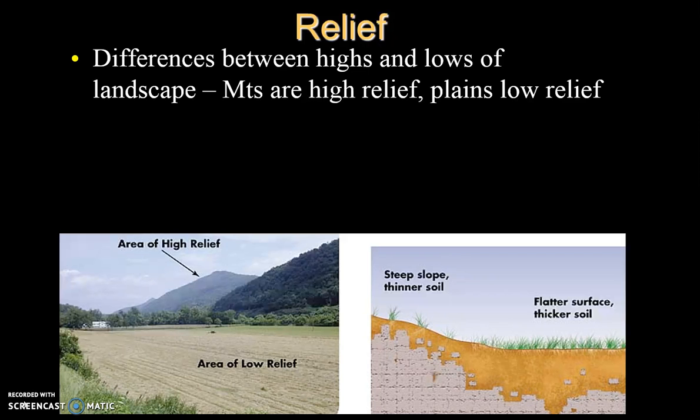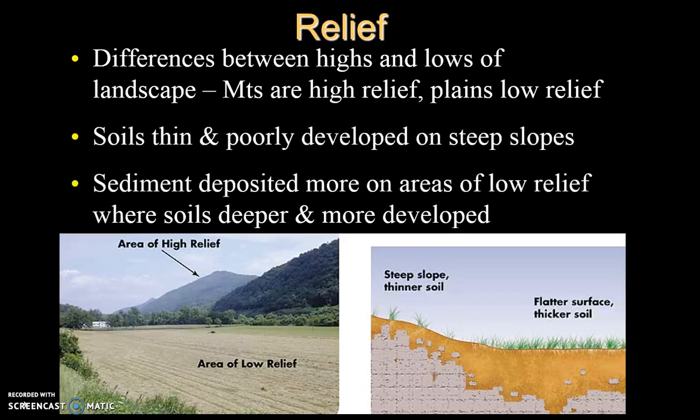So relief is going to be a huge factor because it's going to really add to how much soil can form in certain areas. We know that soil is relatively thin and poorly developed on steep slopes because we have gravity. That's going to be a big contender. And we know that sediment deposition is greater in areas where there's low relief.